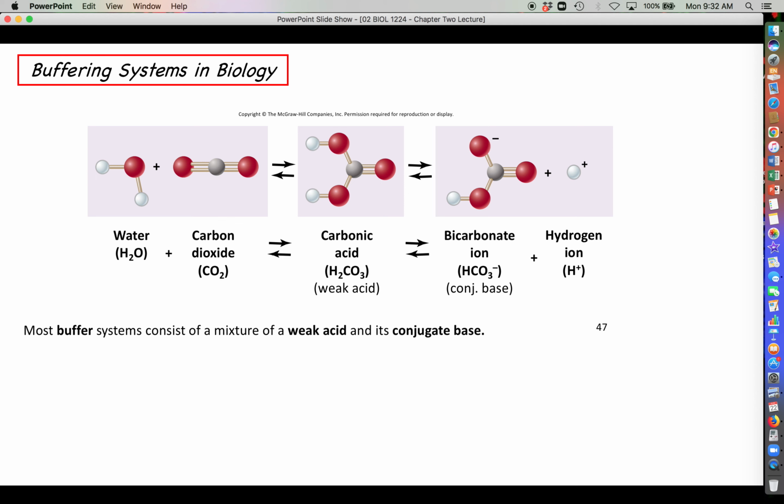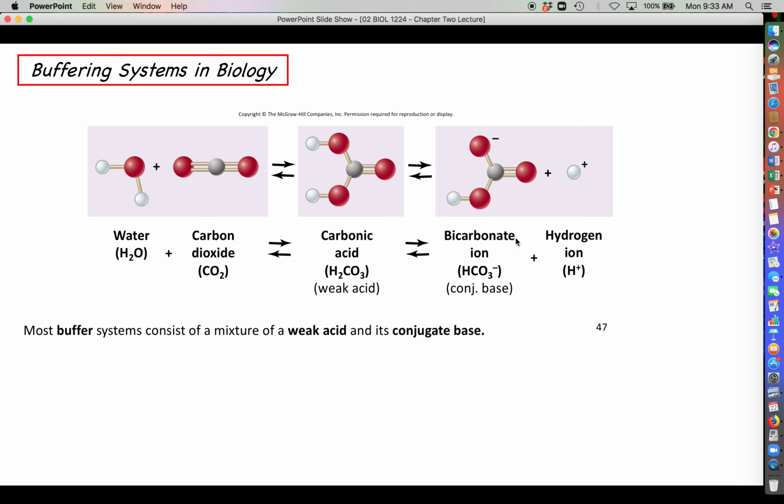So usually most buffers consist of what is called a weak acid and its conjugate base. In this particular case, which is one of the most common buffering systems we find in the human body, this is the carbonic acid bicarbonate buffer system. Carbonic acid is the weak acid here. It's a weak acid in the sense that it does not really give up its hydrogen ion all that easily.